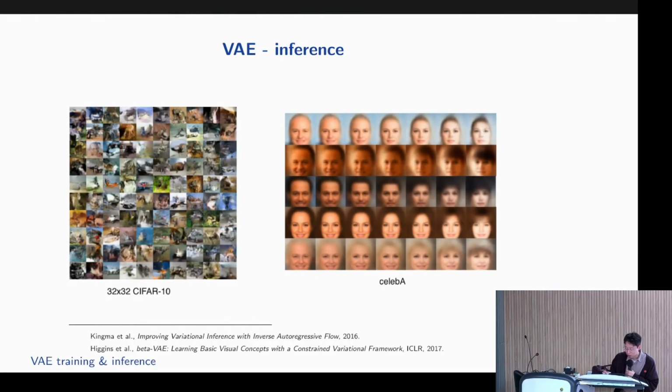On the CelebA dataset, if you walk along this axis, it changes how much hair, and this axis, I don't know, a different person category or something like this.